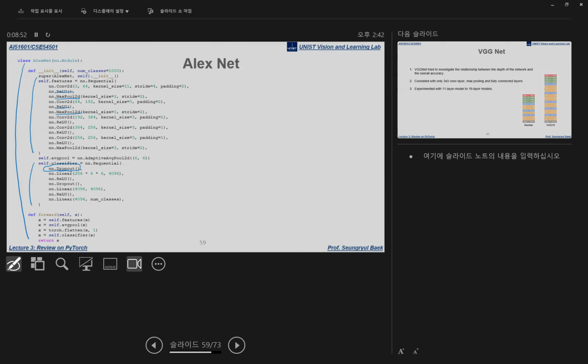What dropout layers do is this. For example, let's say this is a 1024-dimensional response output from the previous deep architecture.